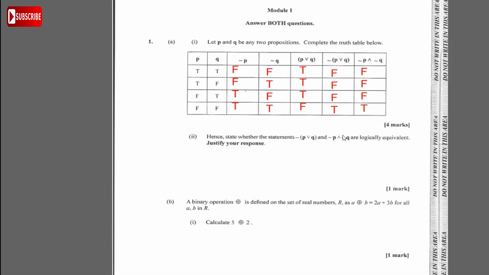Nice. Now it says, hence state whether these two are logically equivalent.